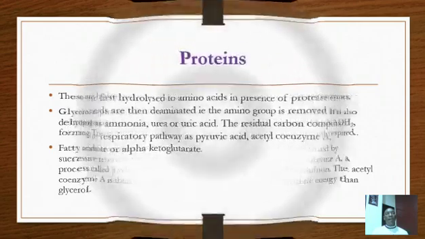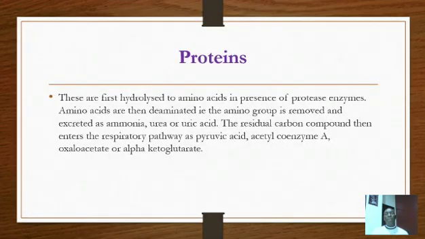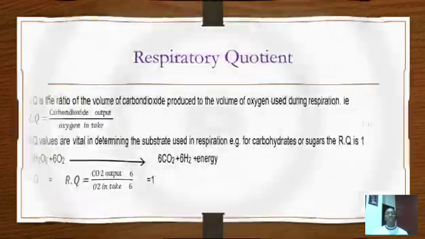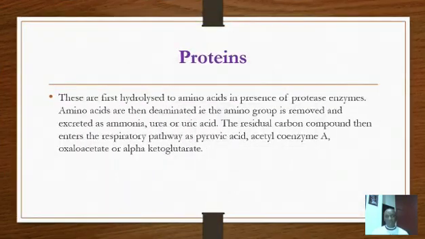The proteins we've also seen broken down by protease enzymes forming amino acids that undergo deamination, then the residual compound enters the pathway mainly as pyruvic acid or acetyl-CoA, or it may enter as oxaloacetate or alpha-ketoglutarate.